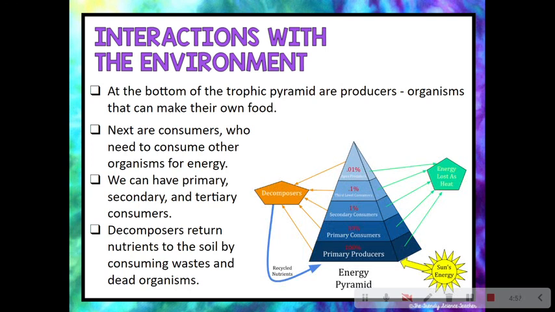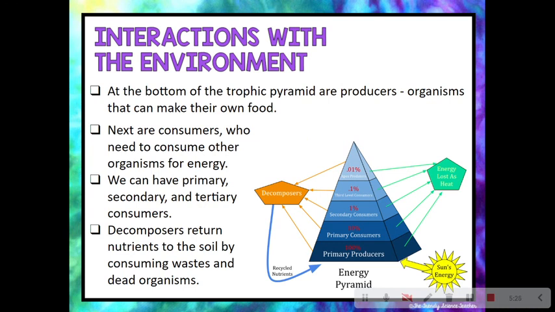Producers are organisms that can make their own food, like plants. Next are your consumers, who need to consume other organisms for energy. We can have primary, secondary, and tertiary consumers. And then we have our decomposers, which return nutrients to the soil by consuming waste and dead organisms.